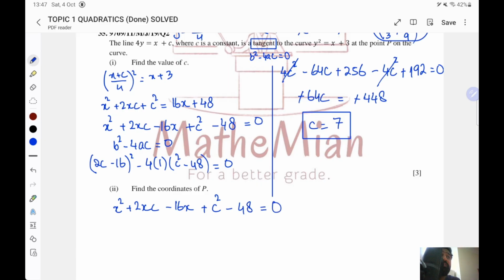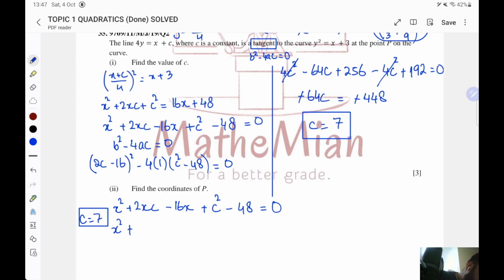We already have the value of c as 7, so we'll substitute the value of c as 7 over here.